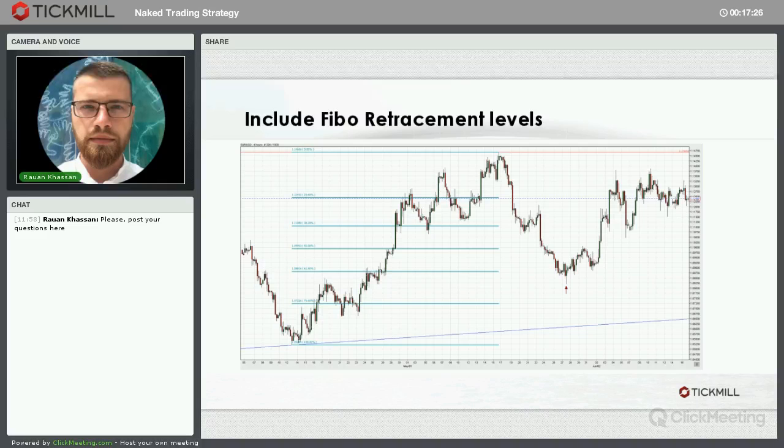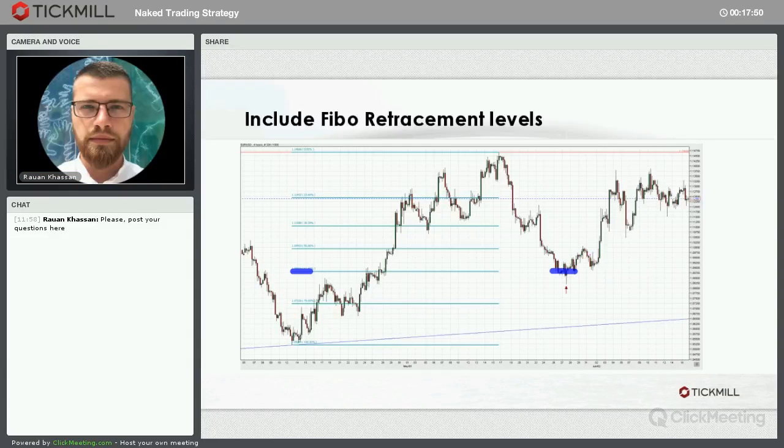Going back to the chart example, you may notice that this current example of euro to dollar gives you an indication that the 61.8 Fibonacci retracement level has given you the right area of reversal point.